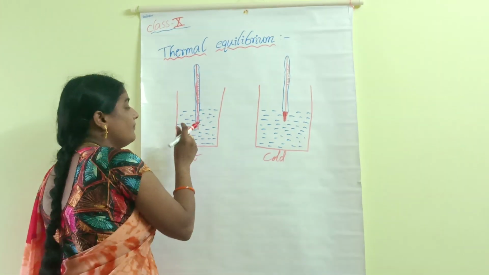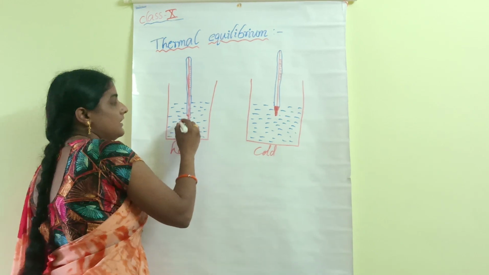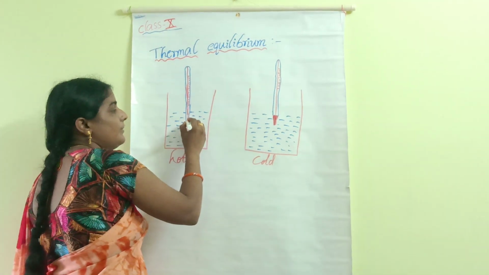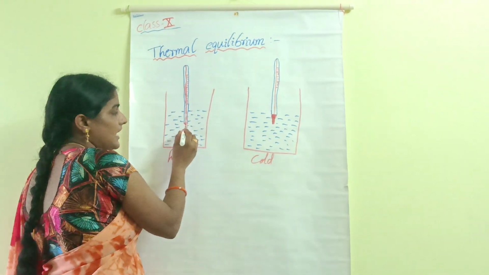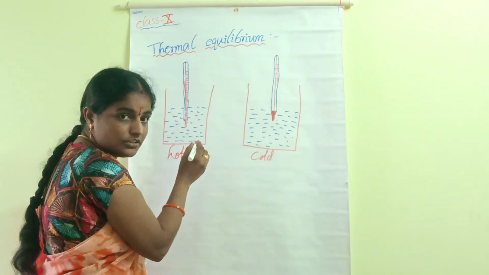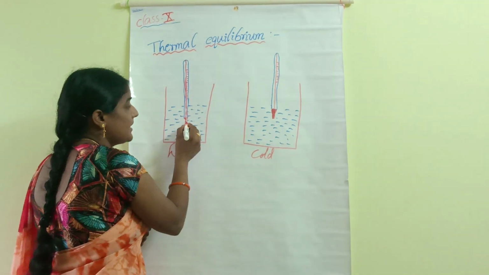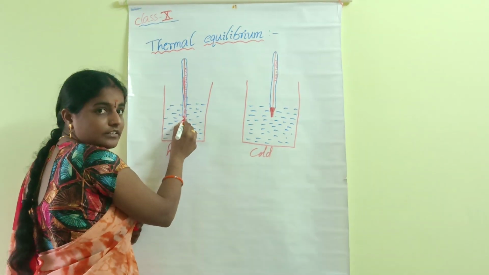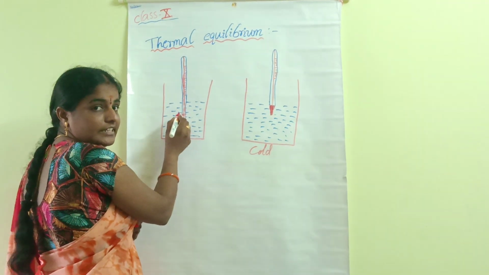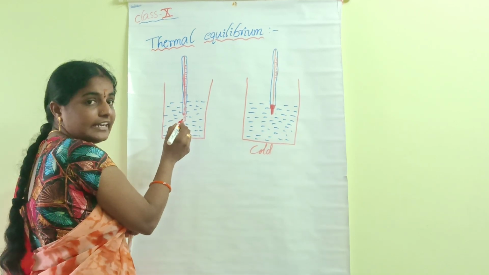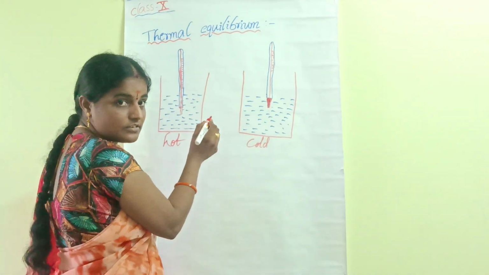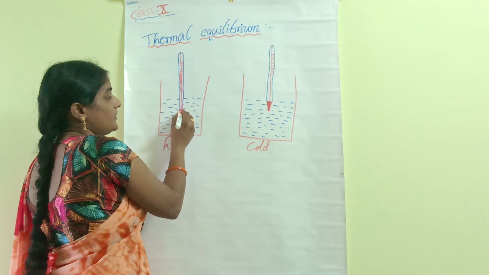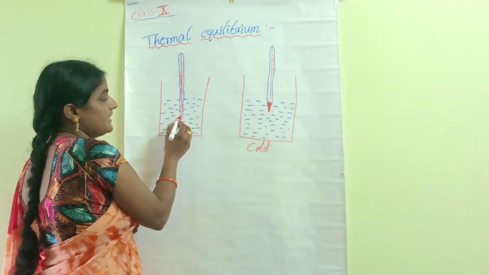So when this transfer takes place, liquids automatically expand on heating. The liquid present inside this thermometer will start to expand. Especially mercury has a large expanding nature even for a small temperature change, so we use mercury as a thermometric substance.